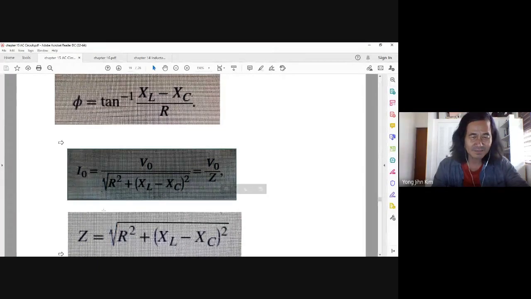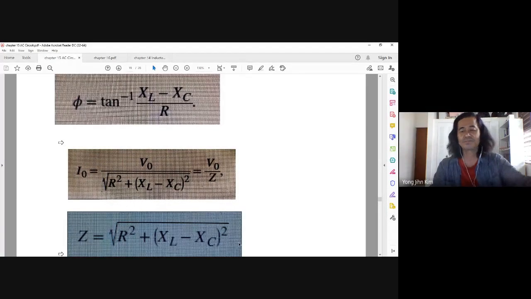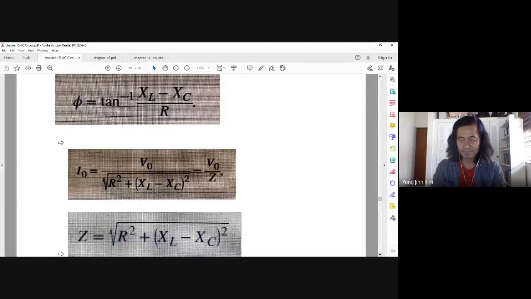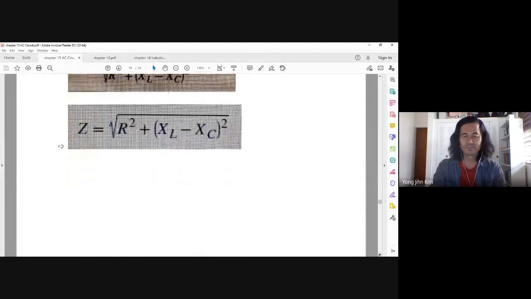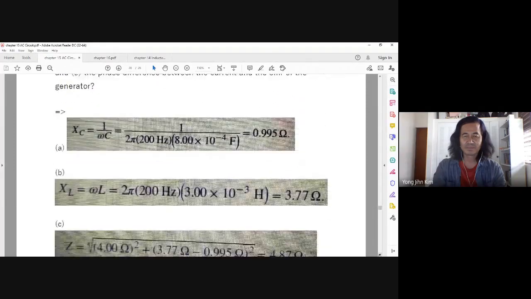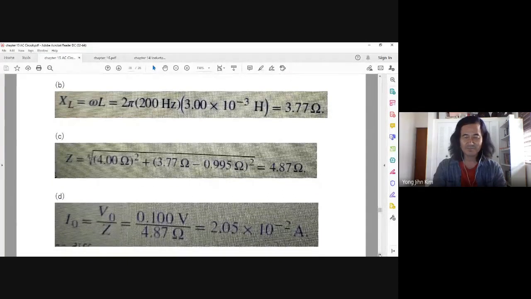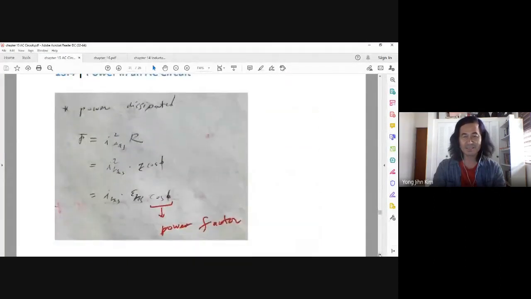Impedance is square root of R squared plus (XL minus XC) squared. There is a problem for the RLC series circuit, so let me skip the example.